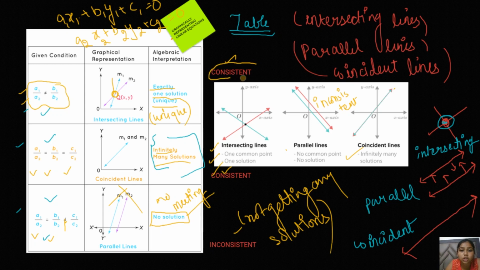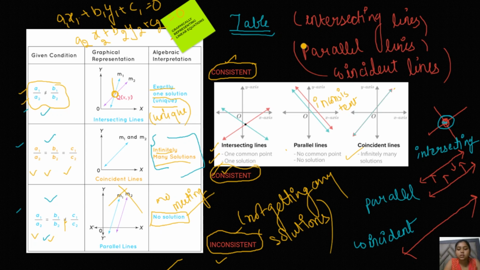This is not mentioned in NCERT. This is only written in the paragraphs. This is not mentioned in the table. Wherever this table is present in the NCERT, you just have to add another column and write that in case of parallel lines, it is inconsistent, and in case of intersecting and coincident lines, it is always consistent.